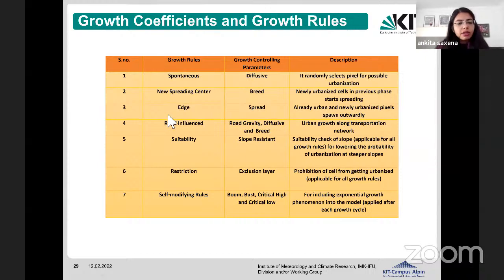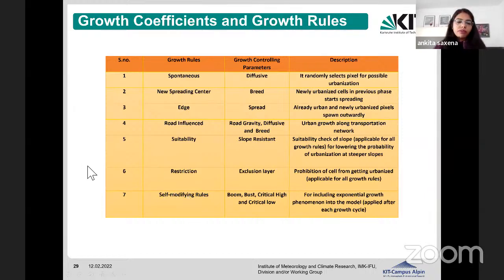Edge growth is about spread. It's a cluster type of growth it is reflecting, and road influence corresponds to growth along the road networks. What is the probability of being urbanized? And there are some suitability condition checks also in terms of slopes, and some restrictions in the form of exclusion layers.